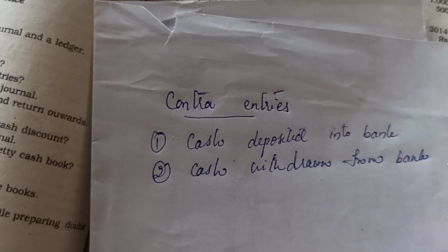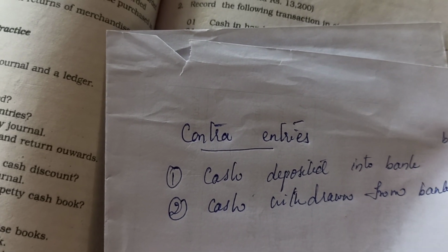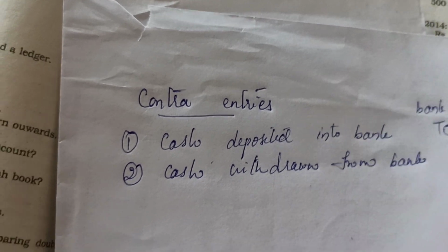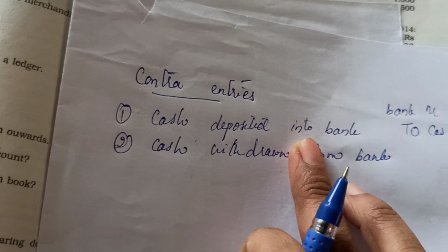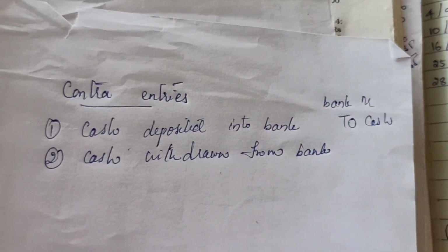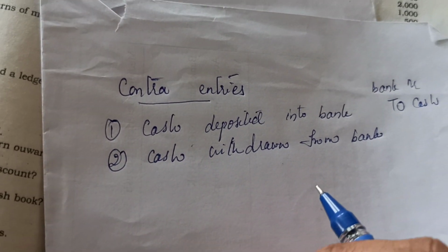Cash is going, bank is the receiver, right? So the entry is: bank account debit to cash account. For cash deposited into the bank, both sides have cash and bank, or bank and cash. Now the second point, cash withdrawn from bank, means cash is coming, correct?